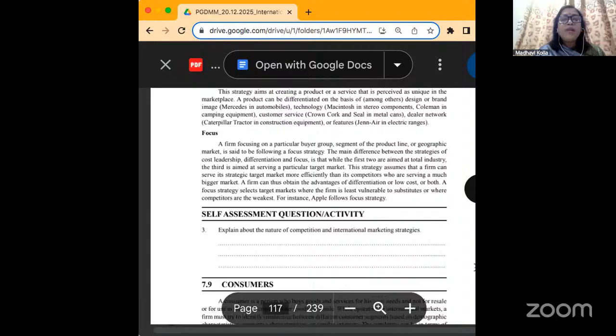Moving from differentiation, we are moving to the next aspect, that is the focus. In focus, a firm focuses on a particular buyer group, segment of the product line, or geographic market. Then we say that it is a very focused approach. For example, when we are talking in terms of North American Trading Organization or NATO, the company may decide to first introduce its product in North America, see how it works, and then move to other members of NATO.